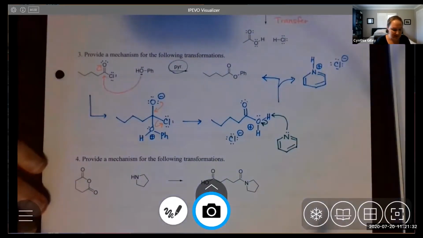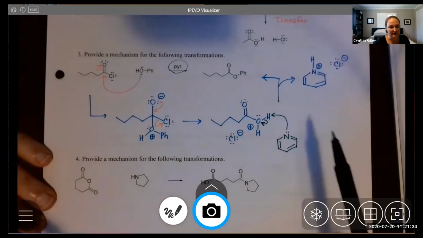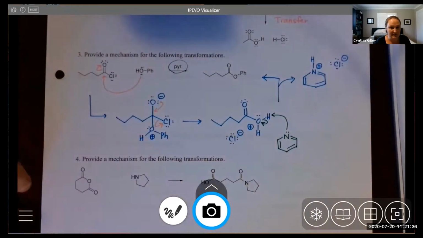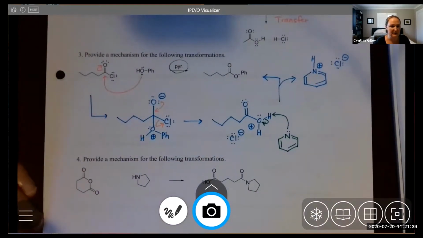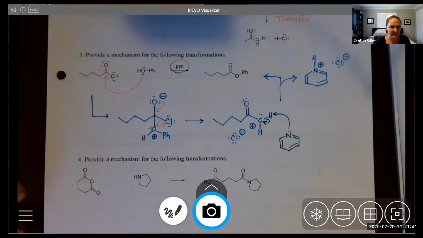So this is not as strong of an acid as HCl, which can prevent some unwanted side reactions from happening. So when you need something to act as a base, you can add in some pyridine.